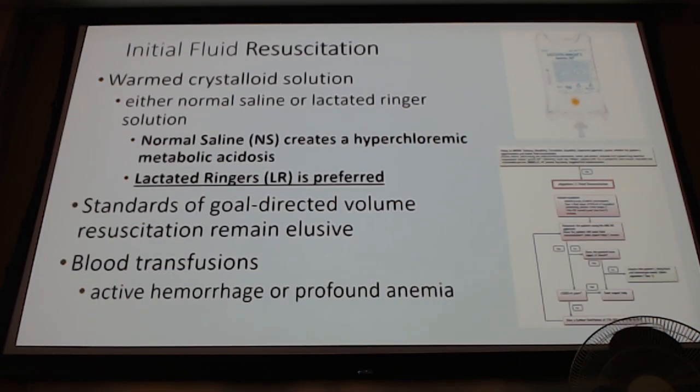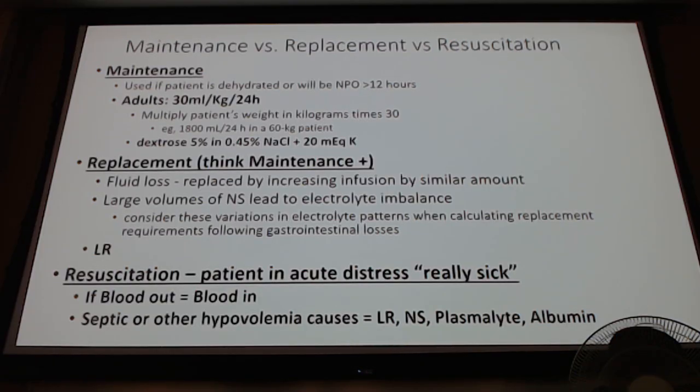So if we have somebody who has enough extrinsic losses that they're needing above their normal maintenance rate, normally we will switch back to lactated ringers until they're back to their maintenance state. Does that make sense?